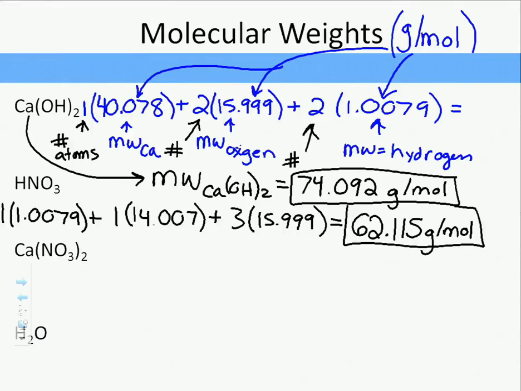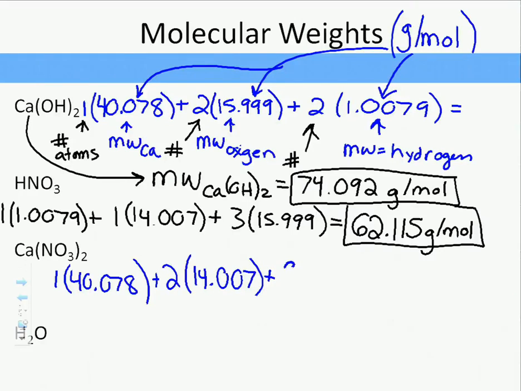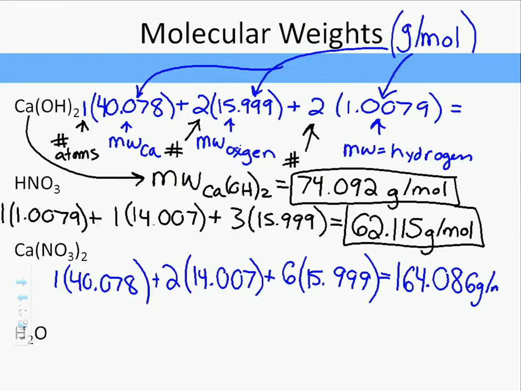Let's do calcium nitrate now. 1 times 40.078 plus 2 times 14.007 plus 6 times 15.999 equals 164.086 grams per mole. And let's do the last one now.